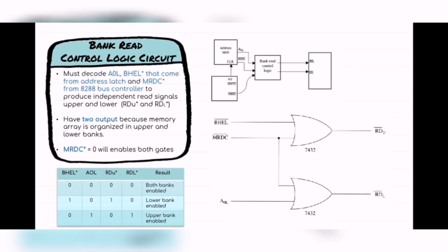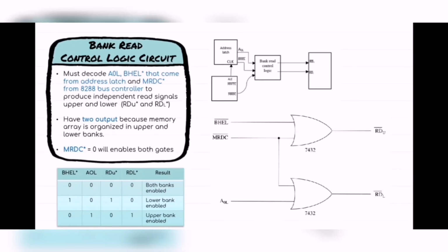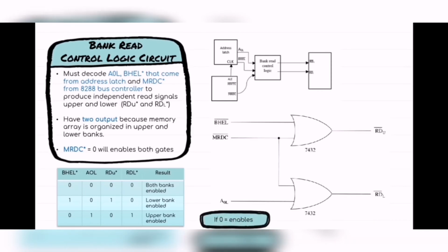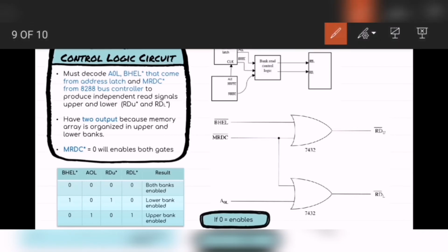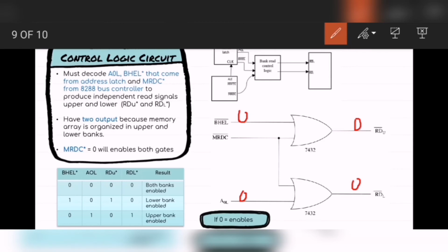So to read the truth table of the bank read control logic, first, if BHEL is equal to 0 and A0L is equal to 0, the output of read upper will become 0 and read lower will become 0. It states here that if the output equals 0, it means that the bank will be enabled.